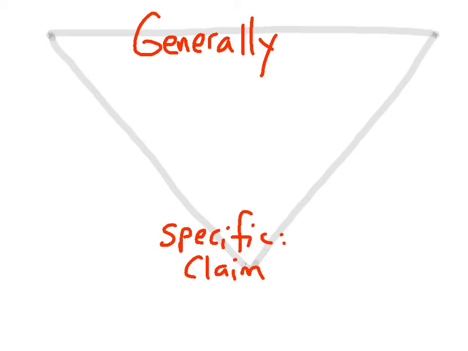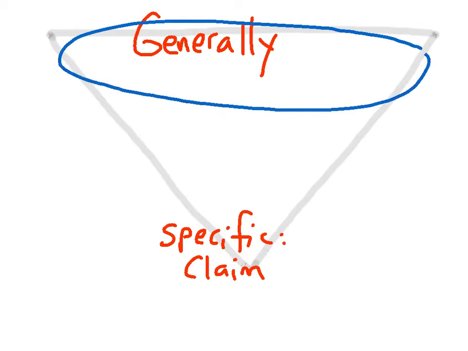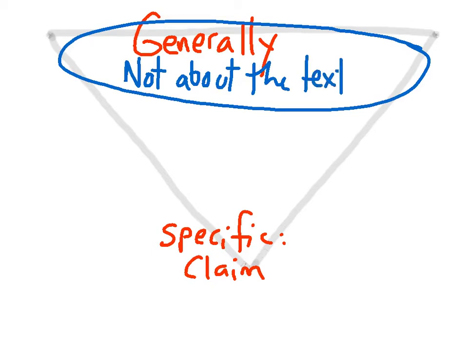And so the introduction can generally be divided up into three major parts. The first part is where we speak generally, and often we're not speaking directly about the text that we're interpreting. It's possible that you could begin with the text, but you don't have to.